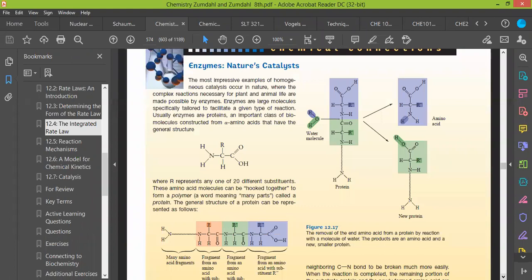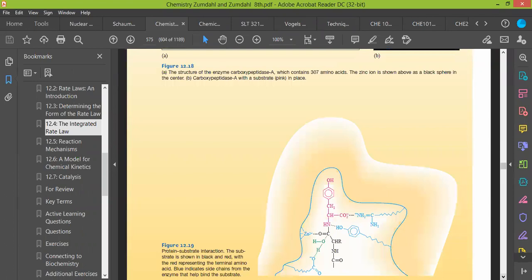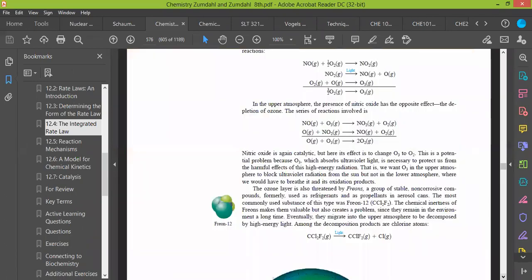So this is all looking at the enzymes, how enzymes reduce the activation energy. Okay, so enzymes are going to reduce the activation energy by introducing new smaller routes that use smaller amounts of energy than the overall.